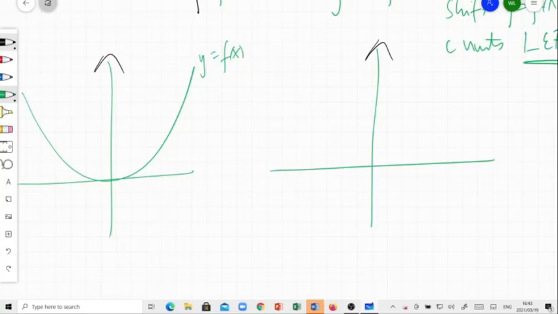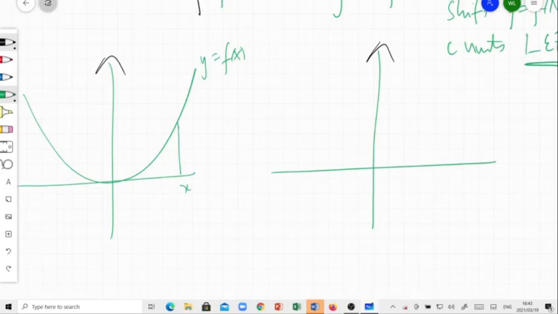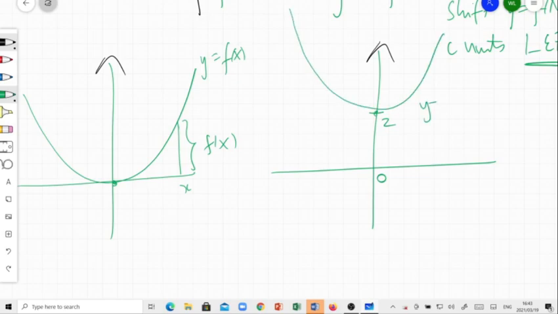So notice that I'm just adding 2 onto each and every height. You see, this is x and then this is the height f of x. So if I just add 2, I just shift the whole graph up by 2. So therefore the nose at 0 lifts off 2 units up into the sky, and then I get y equals f of x plus 2. So there we have it. So that's the graph of this translate.